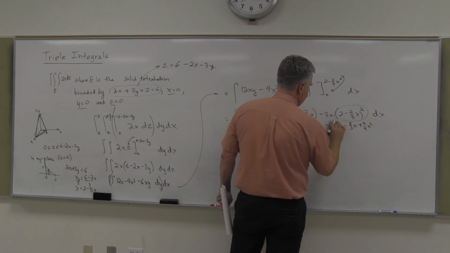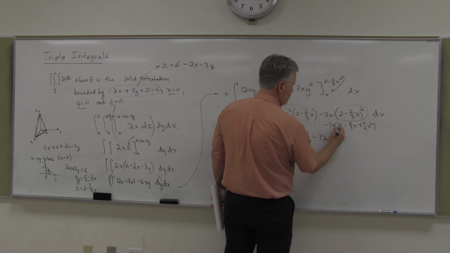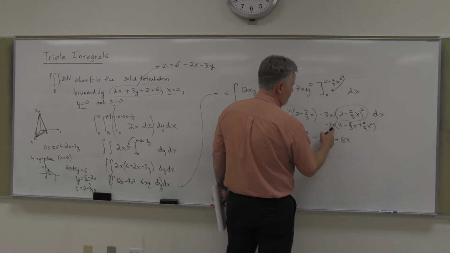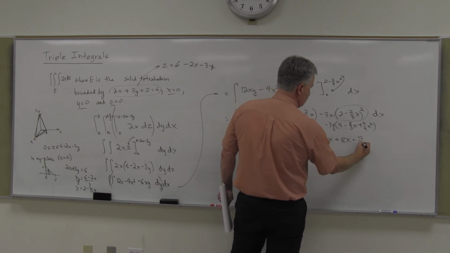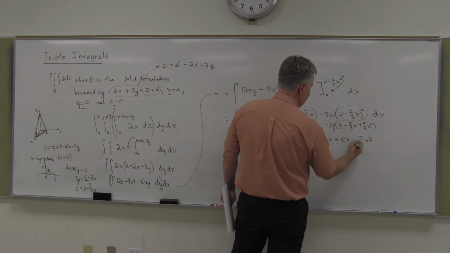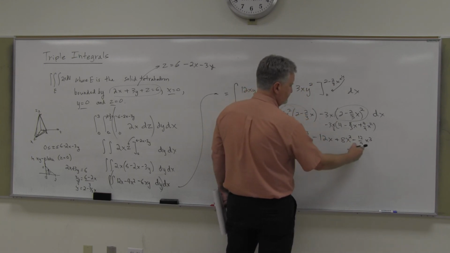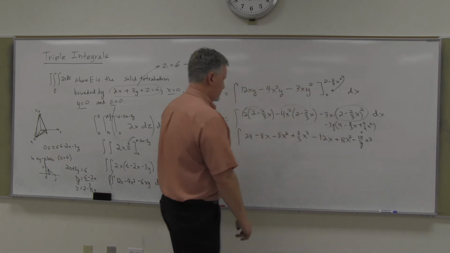Then we have the minus 3x times that, so it'll be minus 12x plus, ooh, the 3's canceled, it'll be plus 8x, and then minus 3x times 4/9, it'll be minus 12/9 x cubed, plus 8x squared there, minus 12/9, but that's 4/3 x cubed.